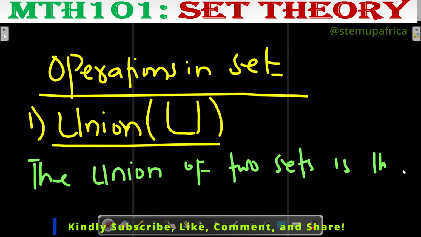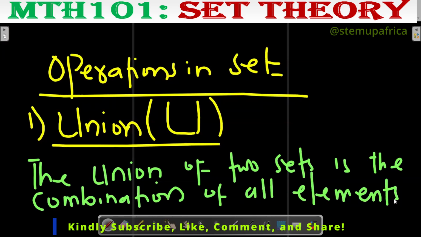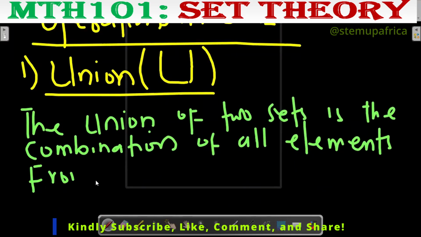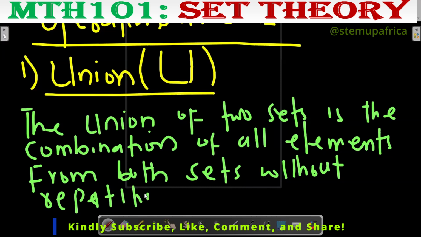The union of two sets is the combination. Look at the word. It is a combination of all elements from both sets without repetition or duplication.